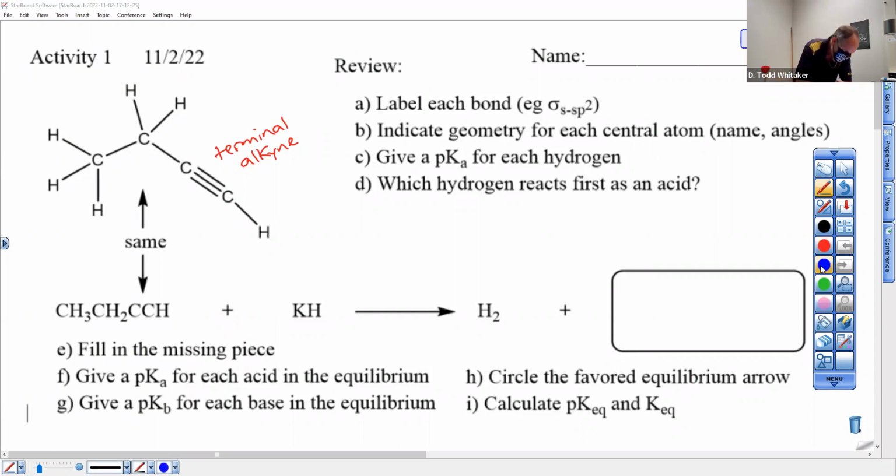And we have this type of bond, which is the same for every label of C bonded to H except for the one on the very end. And we're doing A here. Sadly, my label A. There'll be a label B soon.